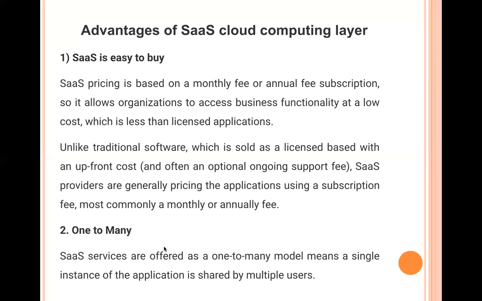So that's why SaaS is easy to buy. Then one to many. This is the second advantage. SaaS services are offered as one to many, meaning a single instance of the application is shared by multiple users. It is also called multi-tenant. Multiple users can share the single instance. That's why it has a one to many relationship.